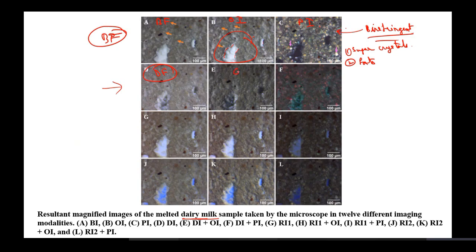Then this was dark field plus oblique illumination, then dark field plus polarizing illumination. Here Rheinberg illumination, then Rheinberg illumination plus oblique illumination, and here Rheinberg illumination plus polarizing illumination.